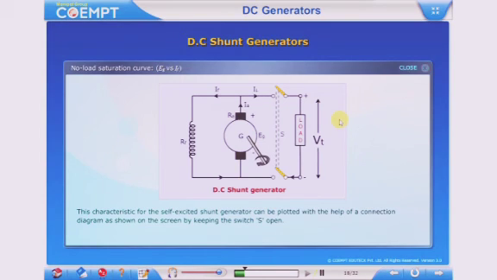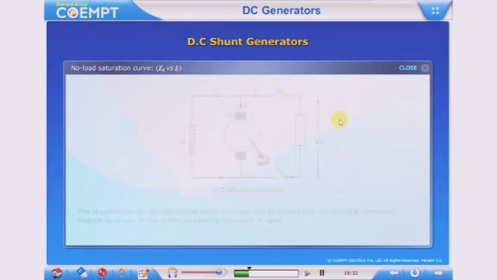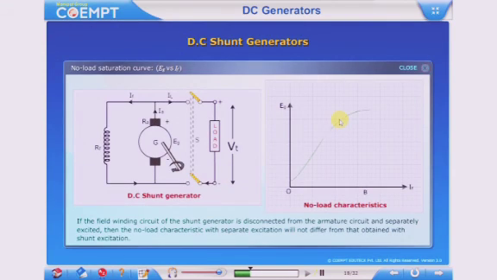It is more convenient to run the shunt generator as a separately excited generator for obtaining its saturation curve. The saturation or magnetization curve so obtained can be used for shunt generator analysis without any appreciable error.